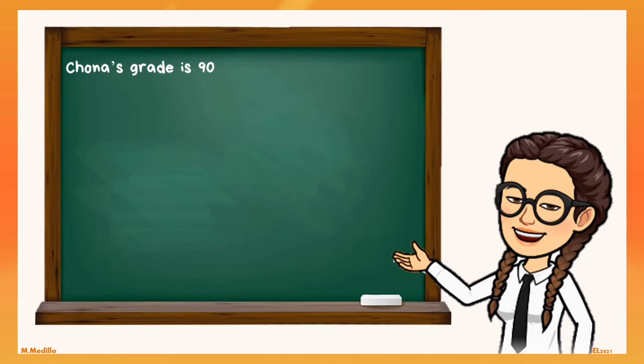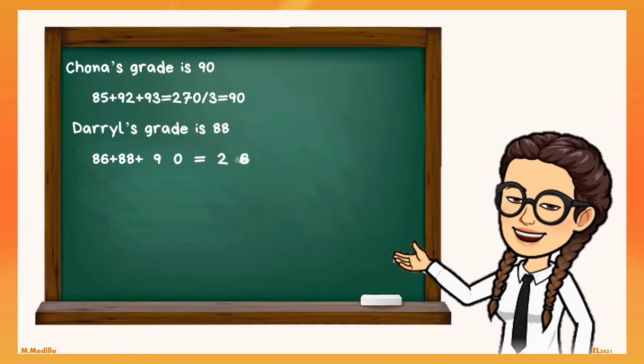Chona's grade is 90. 85 plus 92 plus 93 equals 270 divided by 3 equals 90. Daryl's grade is 88. 86 plus 88 plus 90 equals 264 divided by 3 equals 88.